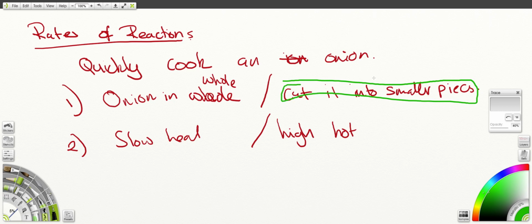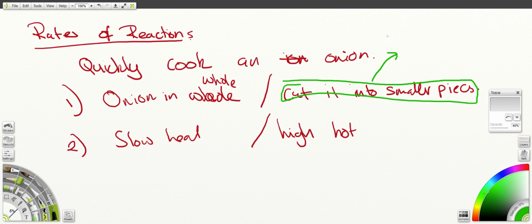Now the question is, why does this help with increasing the rate of reaction?